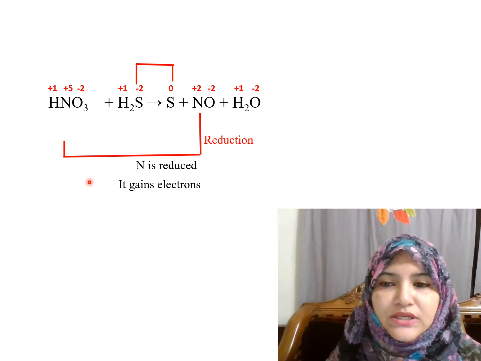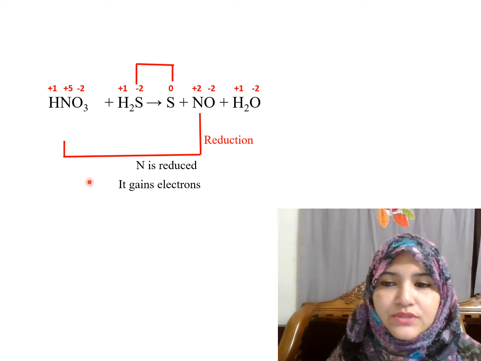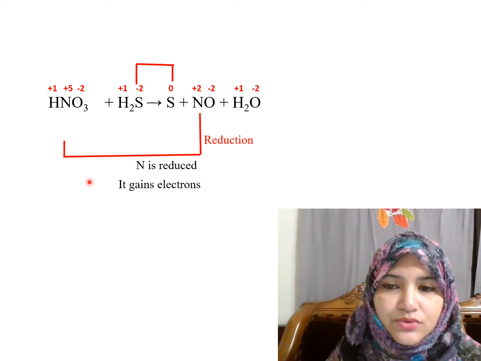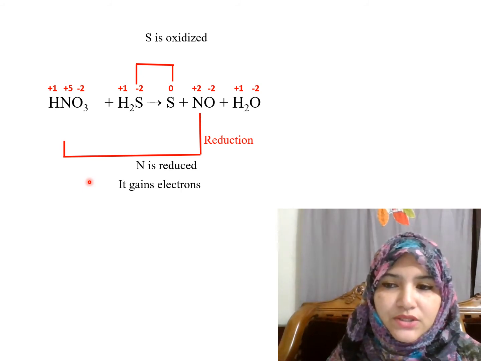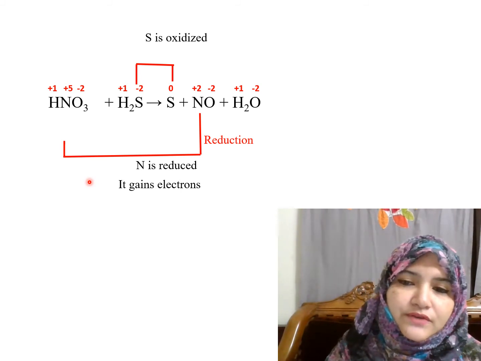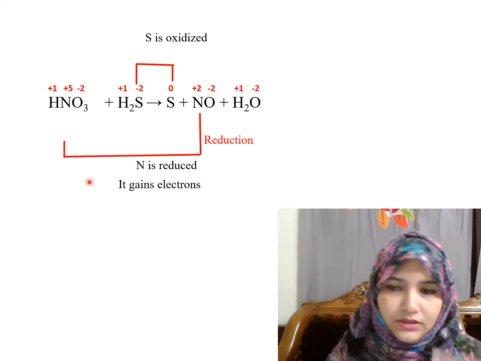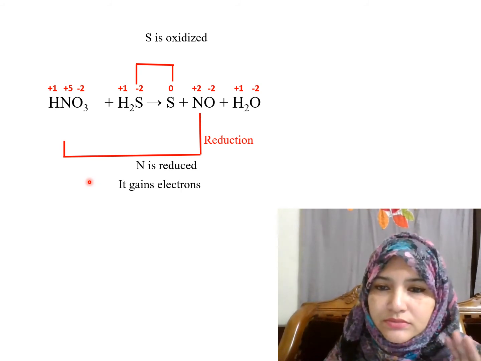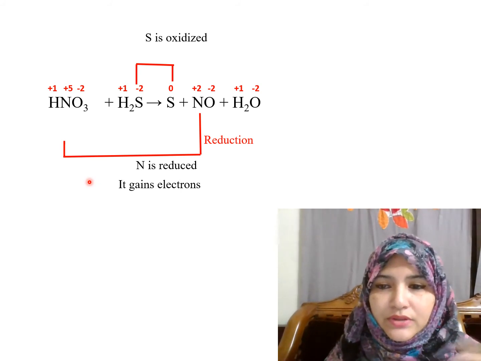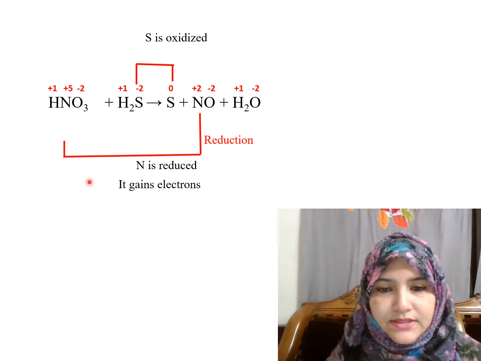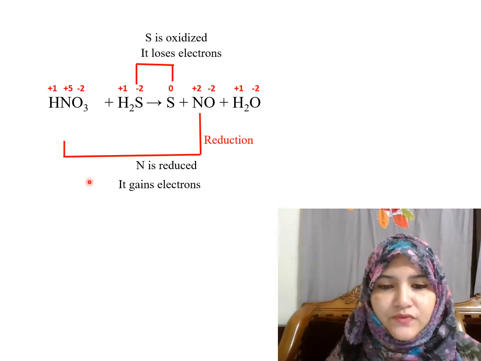If the oxidation number goes down, it means it is getting reduced. So nitrogen is being reduced from +5 to +2 by gaining 3 electrons, and we can say this is the reduction reaction.